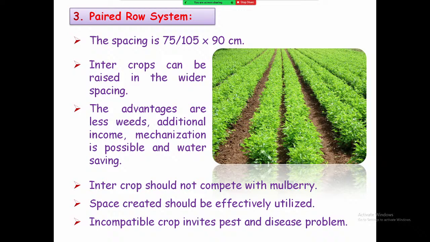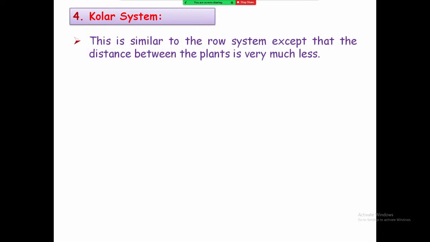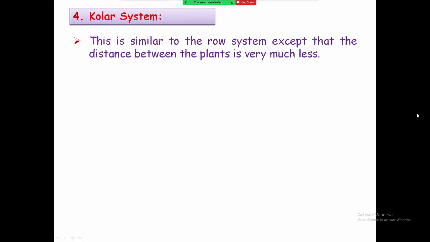Okay, so this is the paired row system. Then the next one is the collar system. This collar system is also similar to the row system, except that the distance between the plants is very much less.